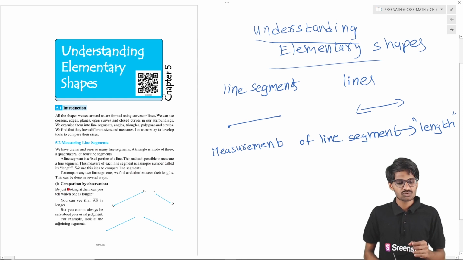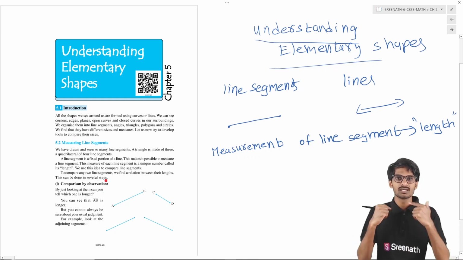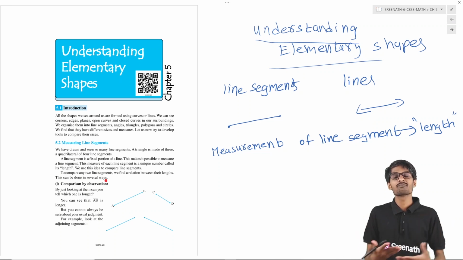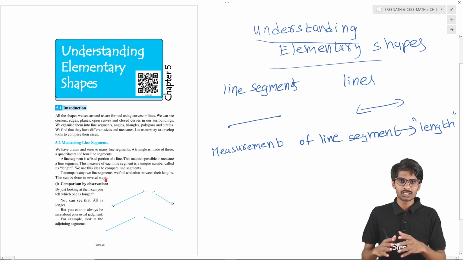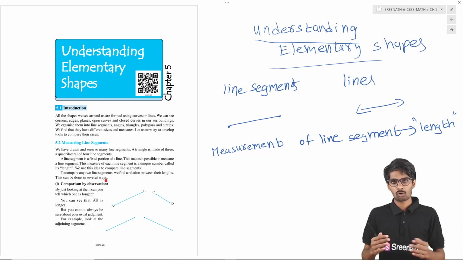Okay, students. The first method is comparison by observation. By comparing two line segments, by our eyes we are going to observe. By our observation we can compare which line segment is longer. Suppose we have two line segments, which one has more length, which is bigger or longer?